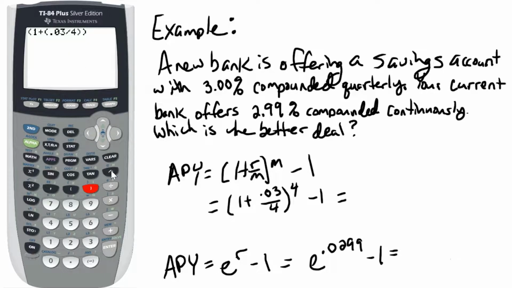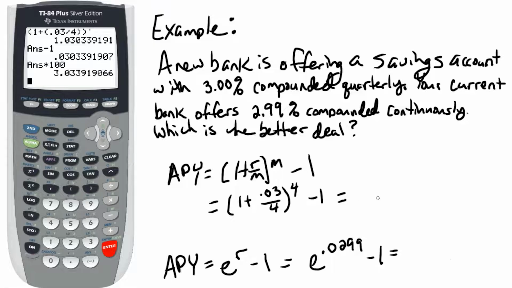That will be raised to the fourth, and subtract 1, and I can see that the rate as a decimal of growth is 0.030339. So let's multiply this by 100 to find out what our percentage is.